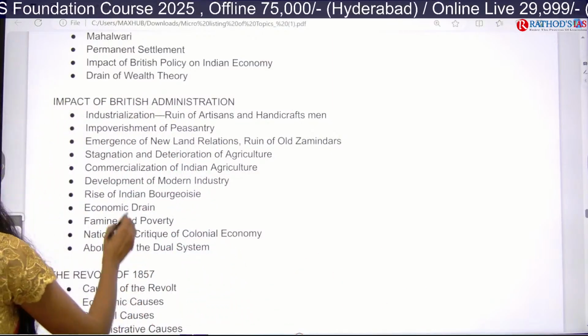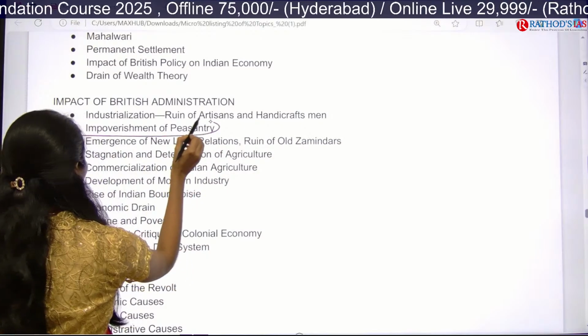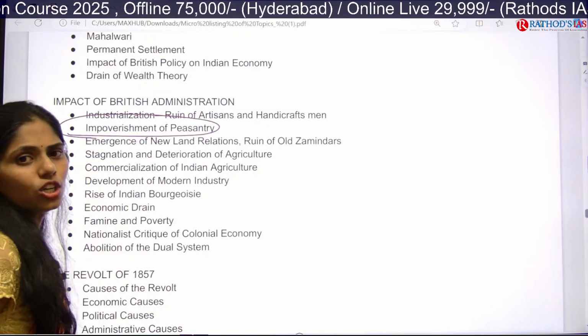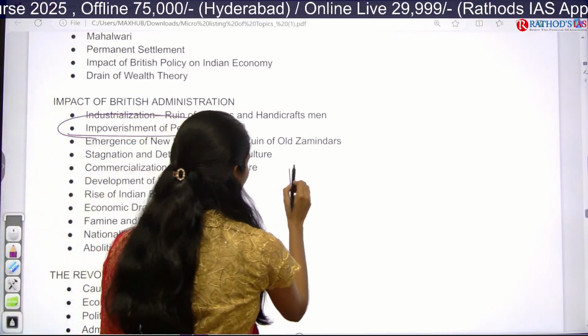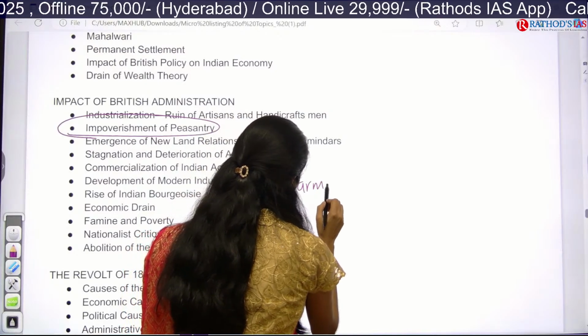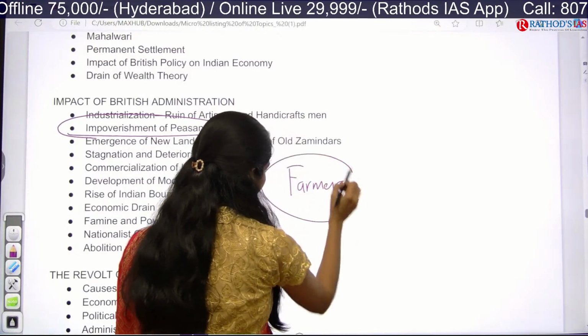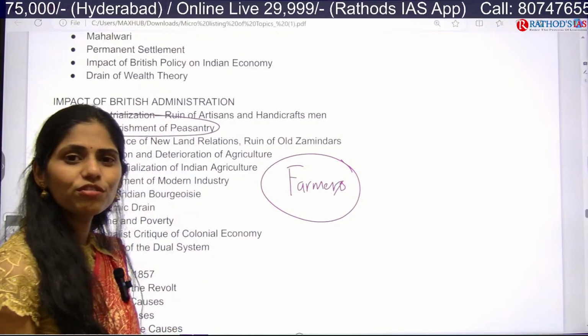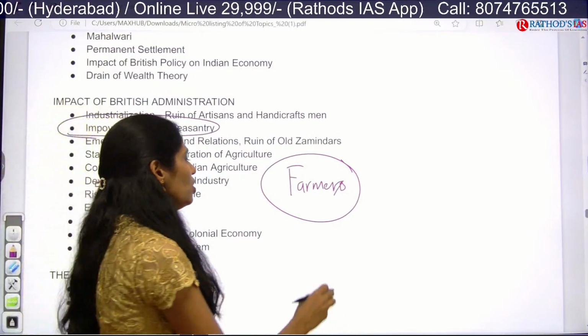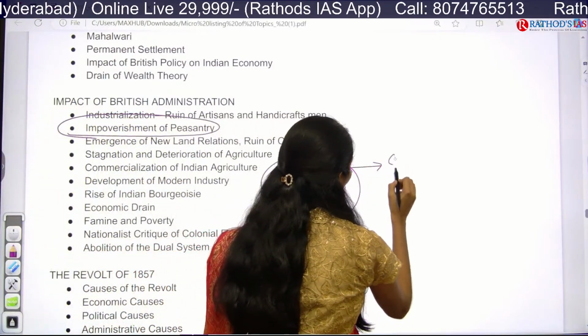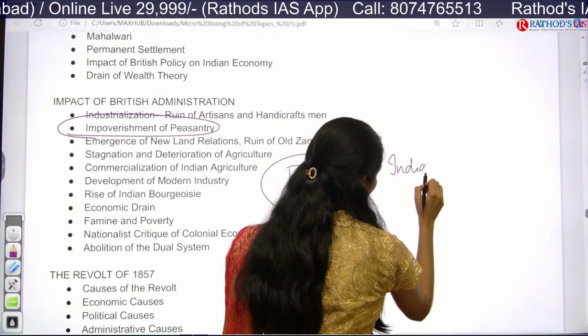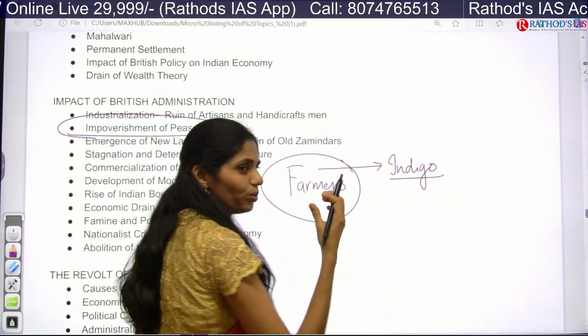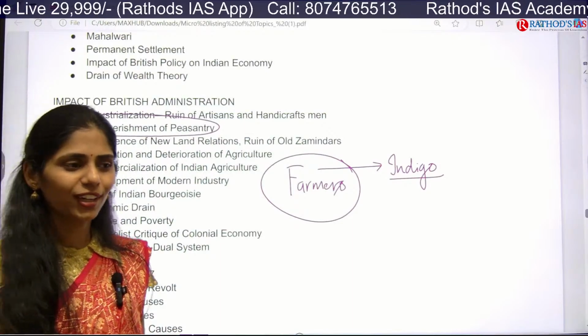And next, you also have to know the impoverishment of peasantry. Peasants are nothing but farmers. So what were the problems of farmers during this British period? They used to grow indigo. Indigo is very important. Indigo is nothing but blue color, royal blue like that.